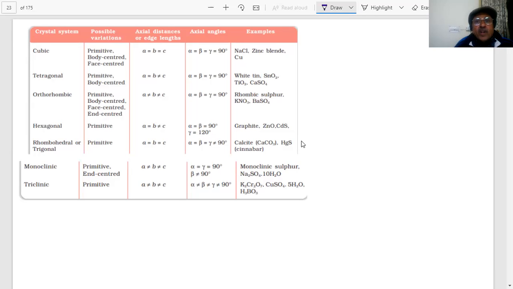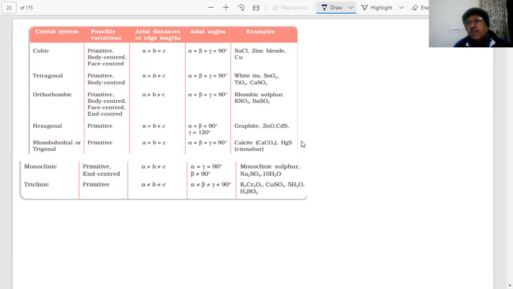For the cubic, students, we have shown you what types of unit cells we told you about last time. How many types of unit cells did we tell you, students? Primitive or simple cubic, BCC, FCC, and end centered.